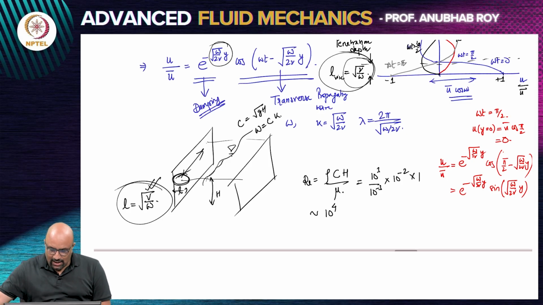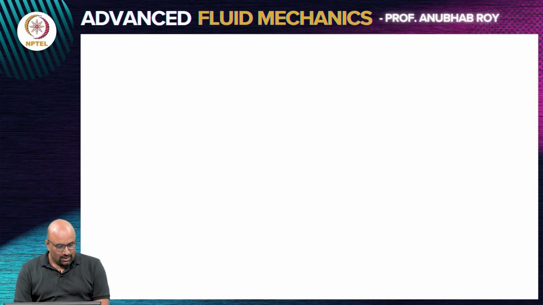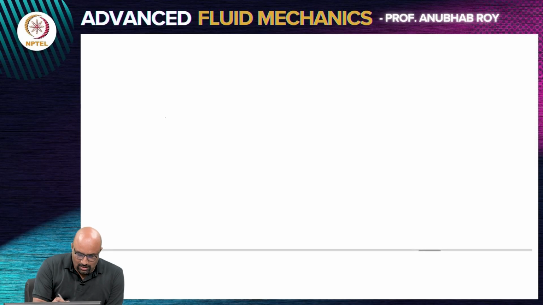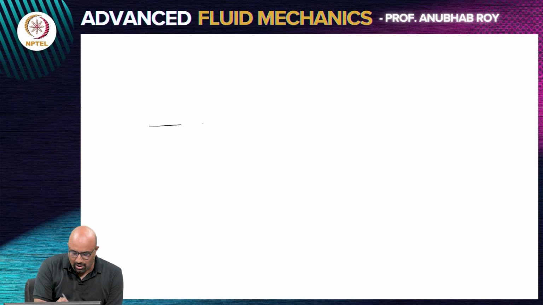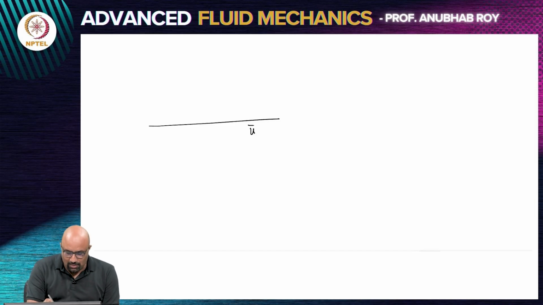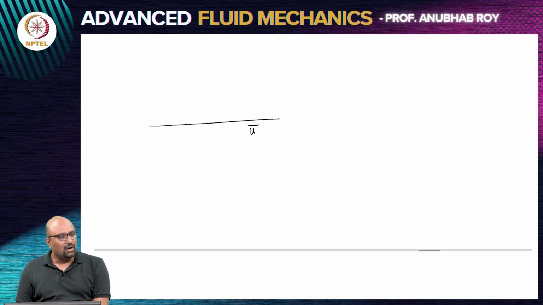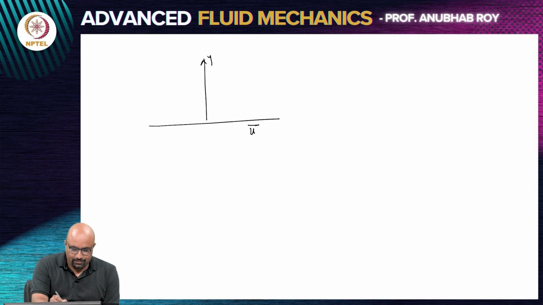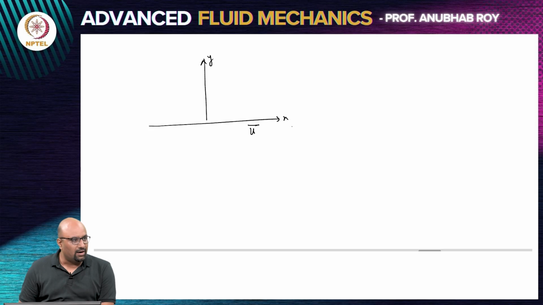So this is what we mostly had for the unsteady problem. Now, I'll just briefly talk about two variants of what we have done. So we have done this problem of a plate that is impulsively moving. We have worked this out. An infinite plate that is set into motion.